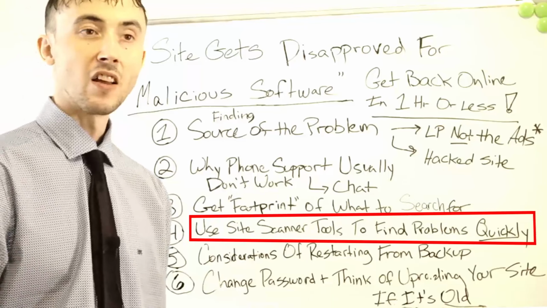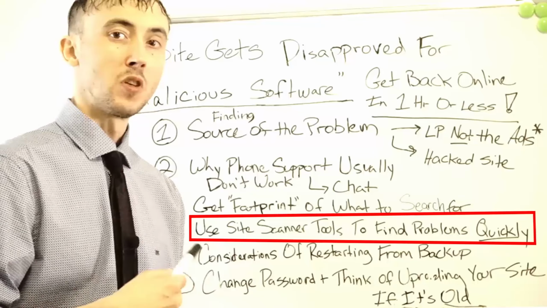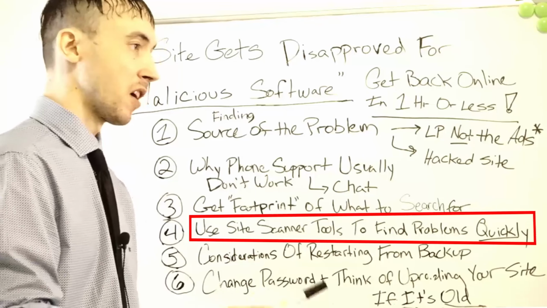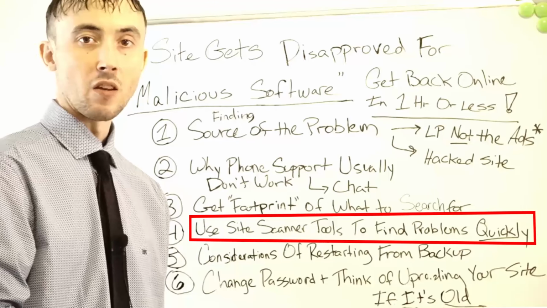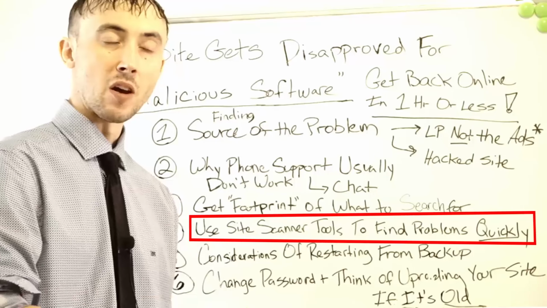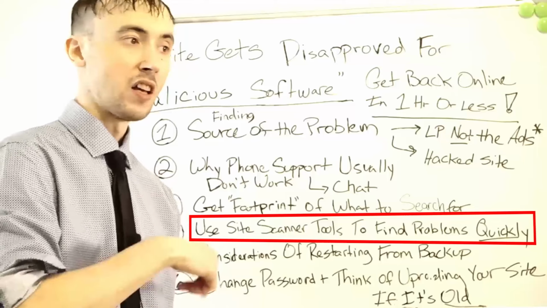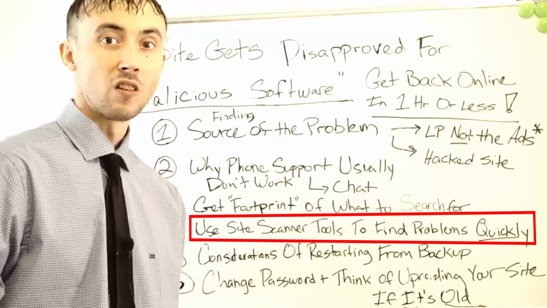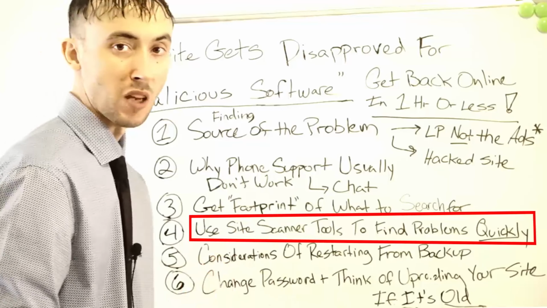So with that, you may try to remove everything you think you found. Then you go to Google and try to get a reconsideration request going to get your campaigns running, and they say, oh, there's more code that we found. Google will find all the code. The site scanner tool sometimes may not.